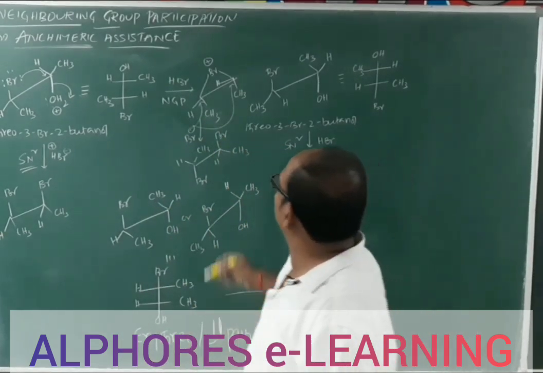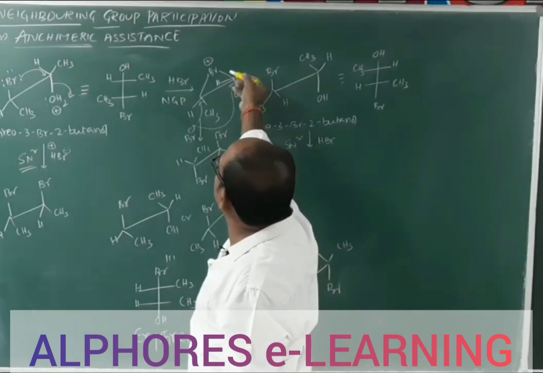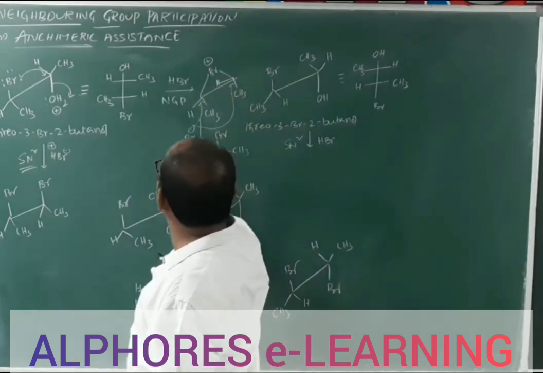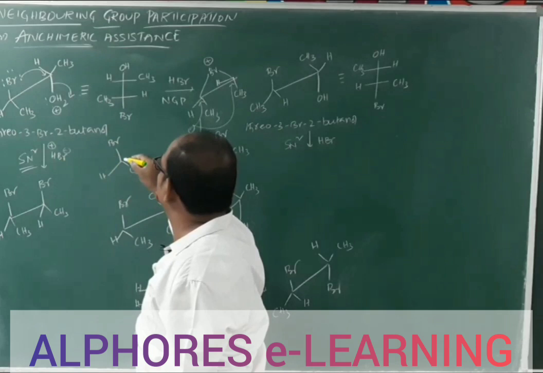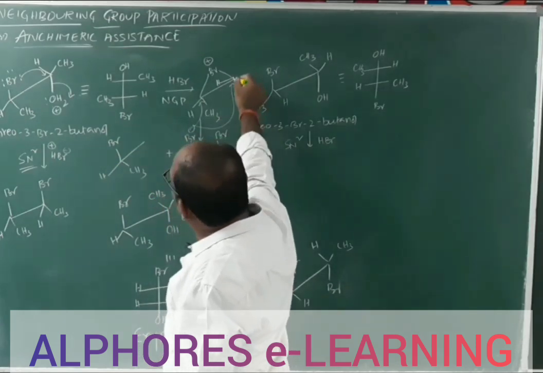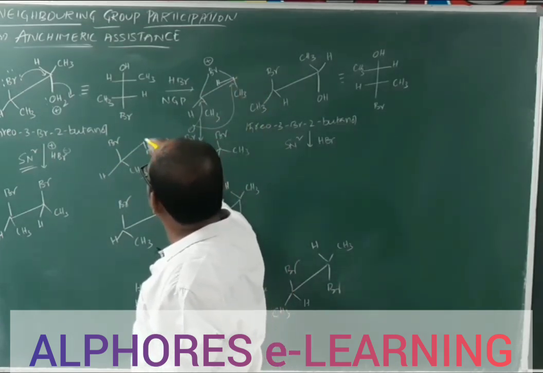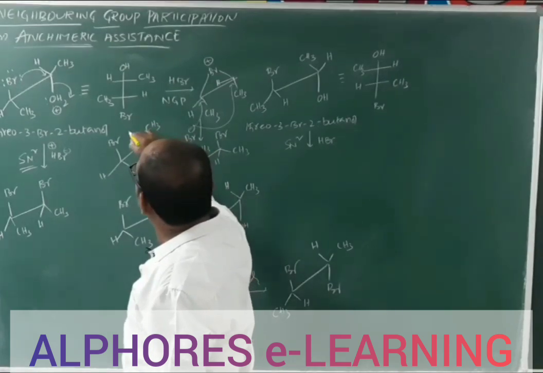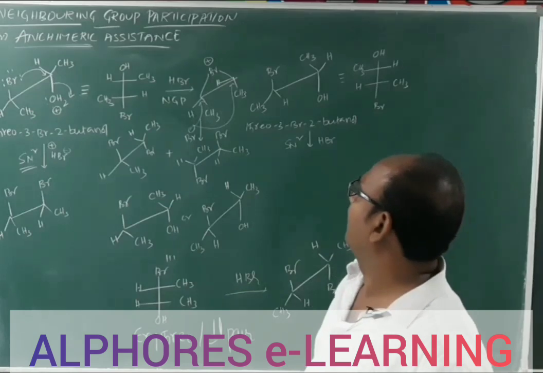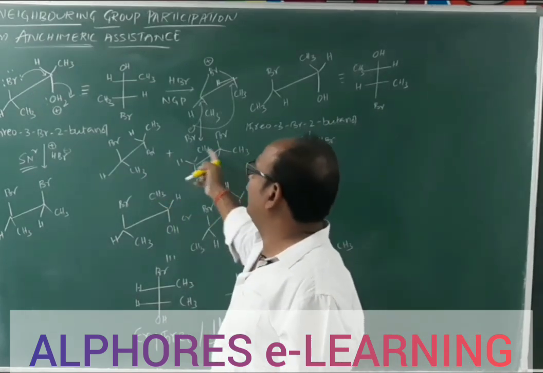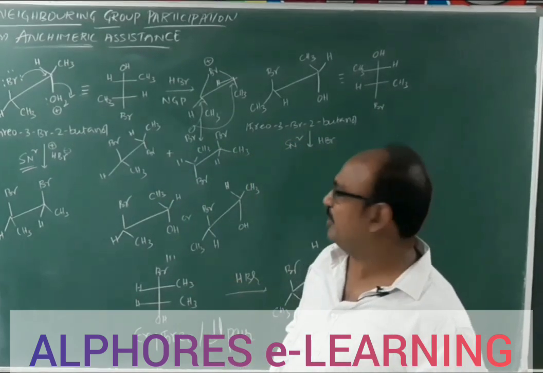In the other path, if it attacks this carbon, this Br remains as such, with no difference at this carbon. This Br, H, CH3 remains as such, and this Br attacks from the rear side, and in the place of OH we get Br. So again you get a DL mixture, an enantiomeric mixture.